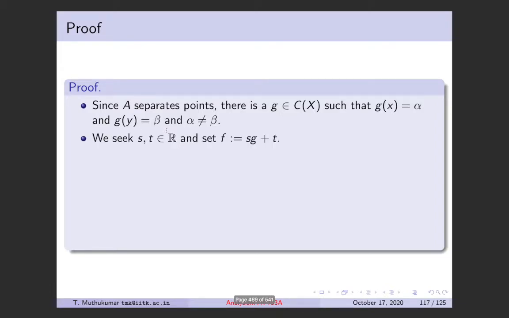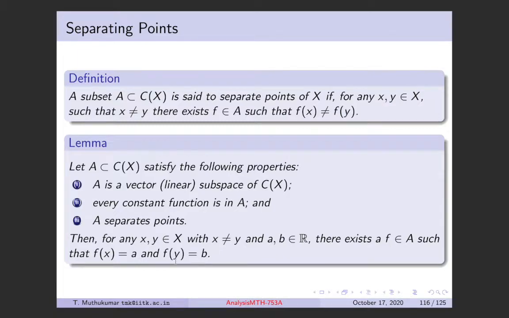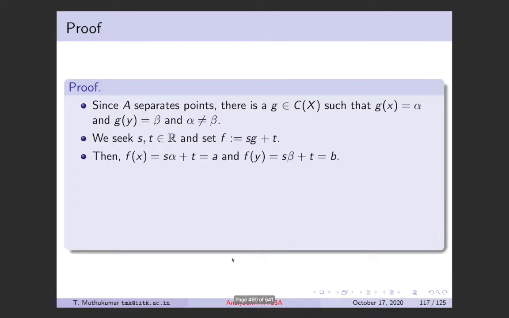Now we are looking for a function f. So we are going to look for a function f in terms of g by choosing an appropriate s and t. How do we choose this s and t such that it satisfies f(x) to be a and f(y) to be b? You want f to take the value a at x and b at y. So f(x) has to be a, which means s alpha plus t equal to a, and s beta plus t equal to b.